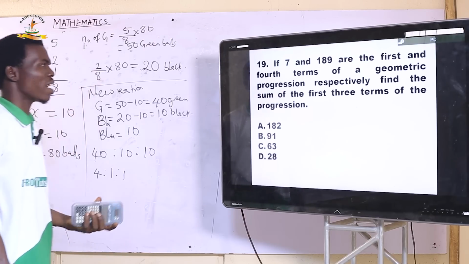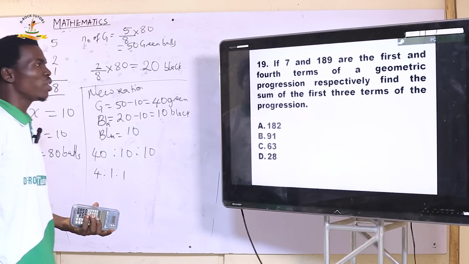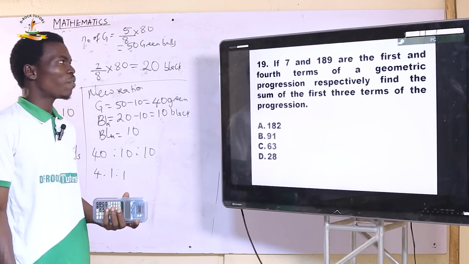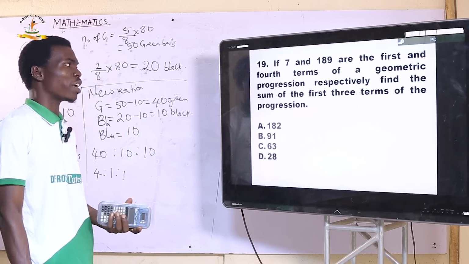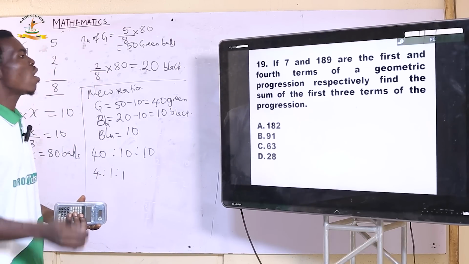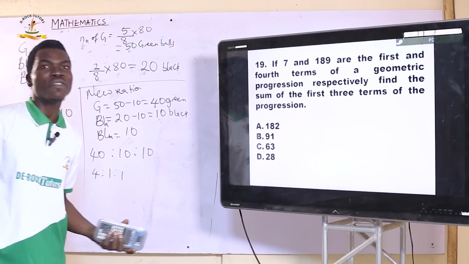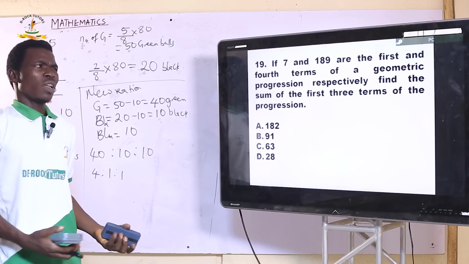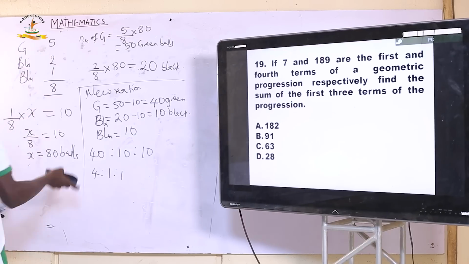Alright, question 19 says, if 7 and 189 are the first and the fourth terms of the geometric progression, respectively, find the sum of the first 3 terms of the progression. So we have a GP problem. So let's see how that works.